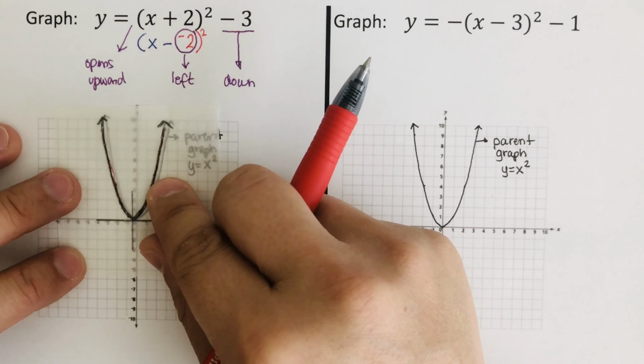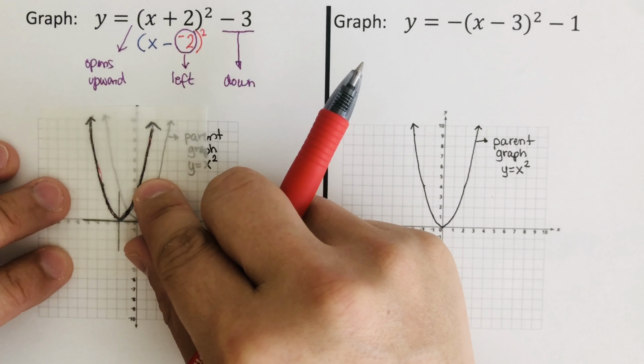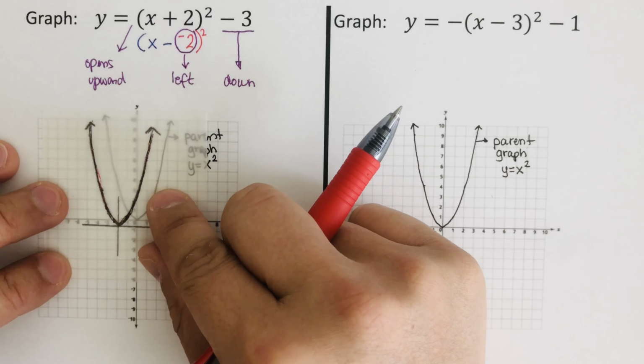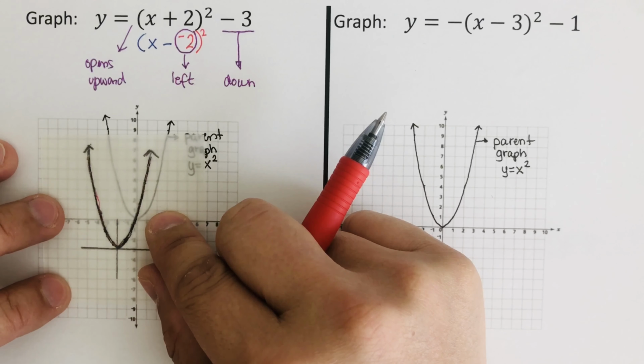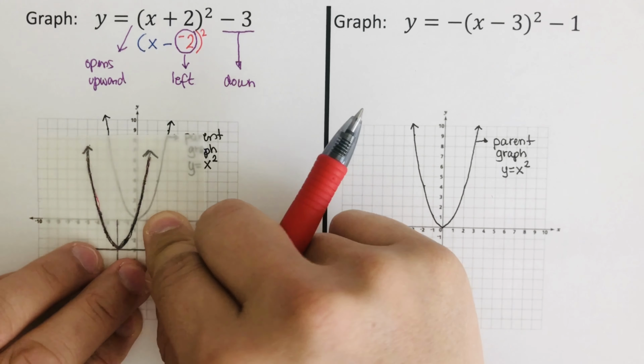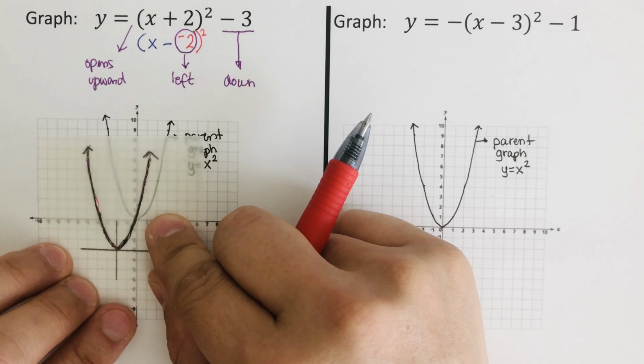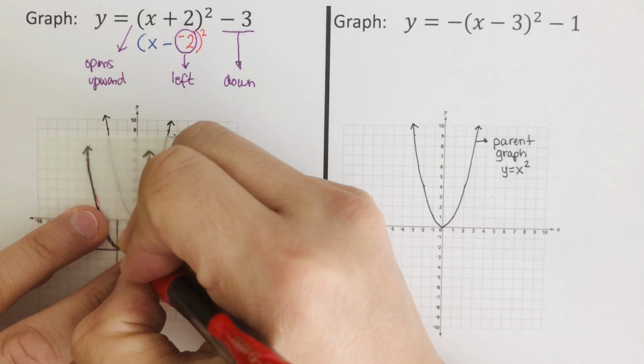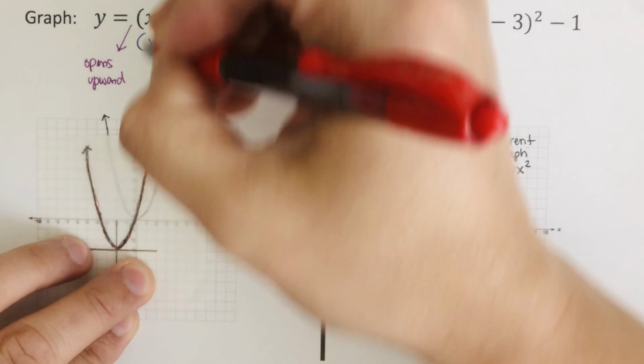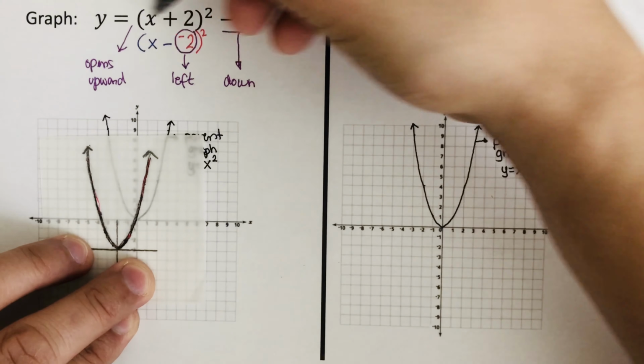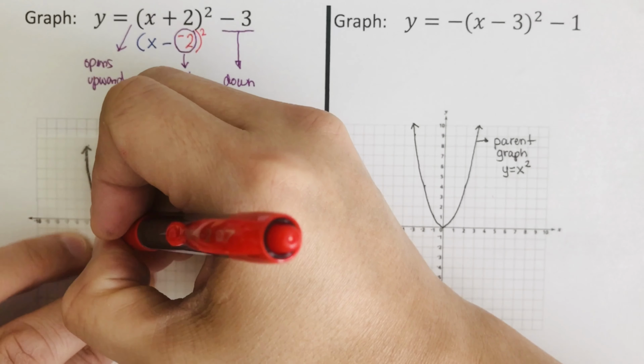So that would be 1 and 2, and then we go 3 down, 1, 2, and 3. This is where the graph is going to sit. I am going to sketch the graph right now. So this equation will have this graph down here.